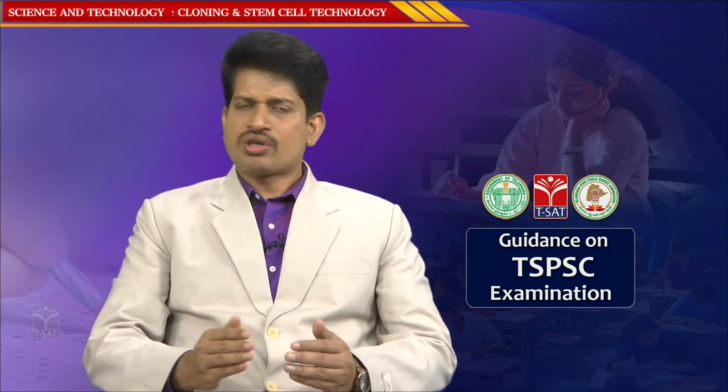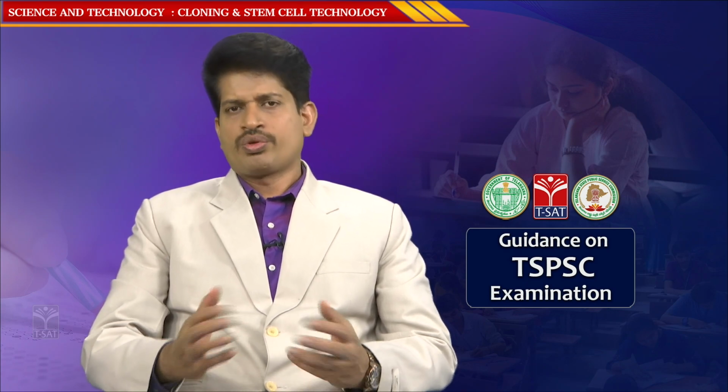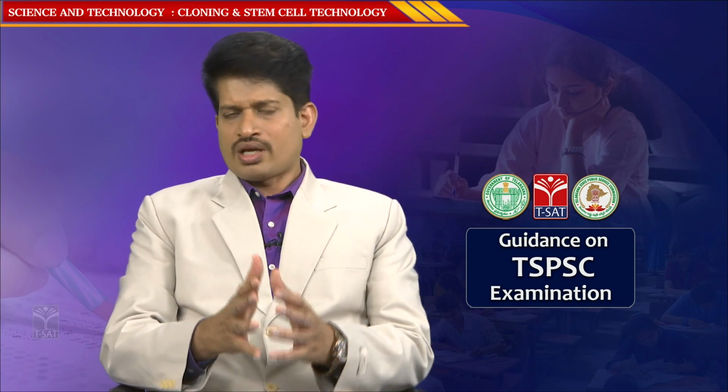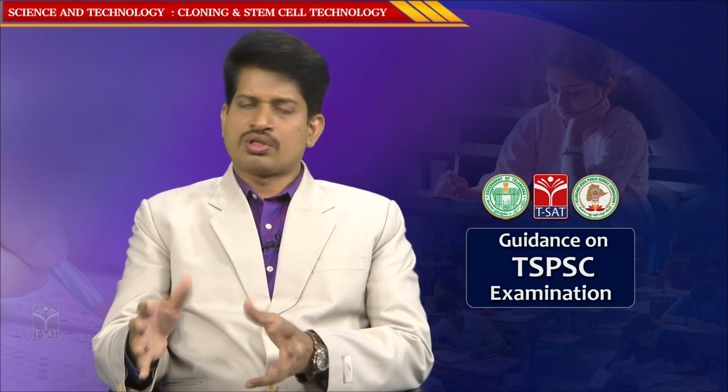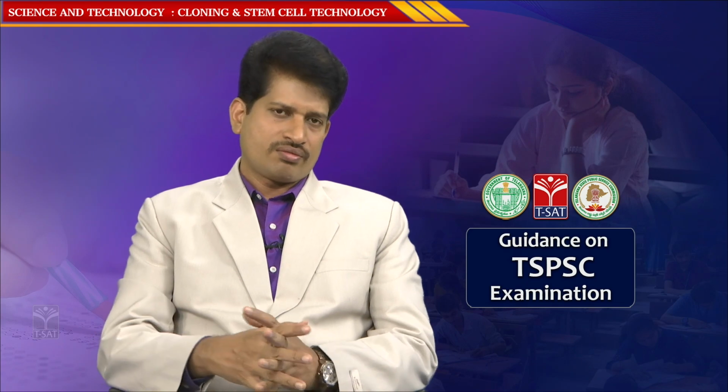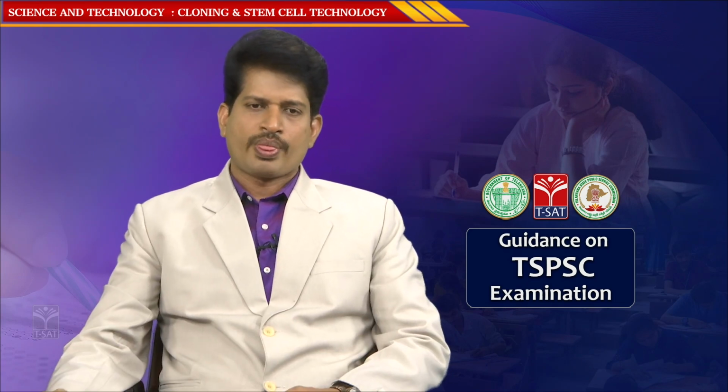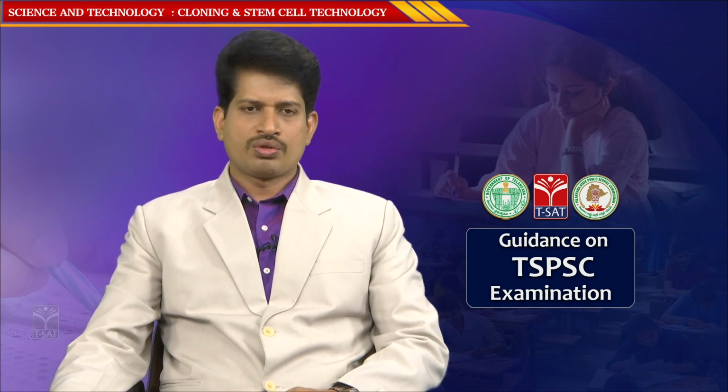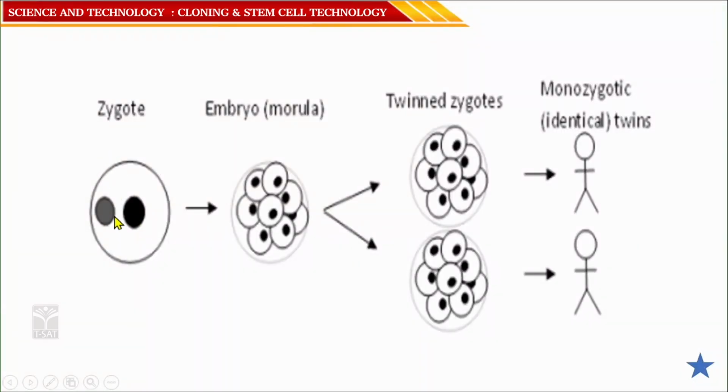Because they have the same genome from mitosis cell division, and they develop into separate, genetically identical individuals, it is known as artificial embryo twinning. Here in this case, see, this is a zygote. So what happens? This morula or zygote can be divided into two equal halves, twinning of the zygote.